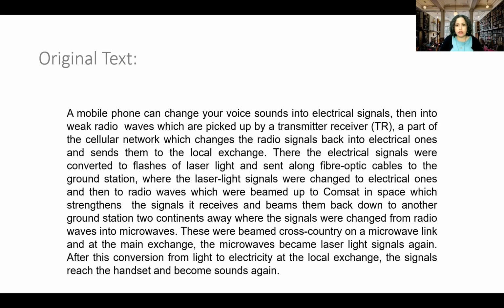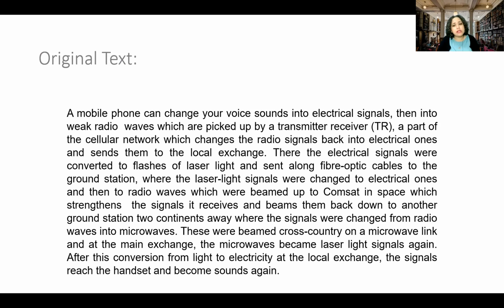There, the electrical signals were converted to flashes of laser light and sent along fiber optic cables to the ground station, where the laser light signals were changed to electrical ones and then to radio waves, which were beamed up to ComSat in space, which strengthens the signals it receives and beams them back down to another ground station two continents away, where the signals were changed from radio waves into microwaves.